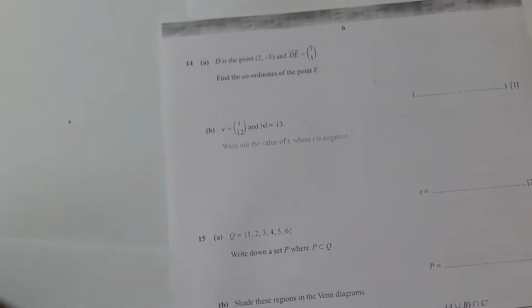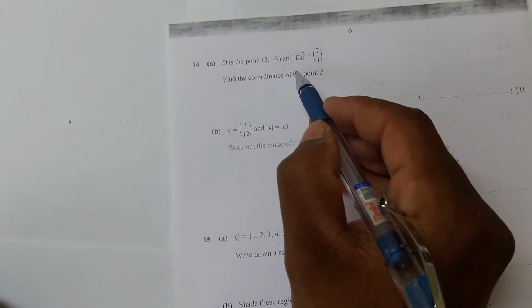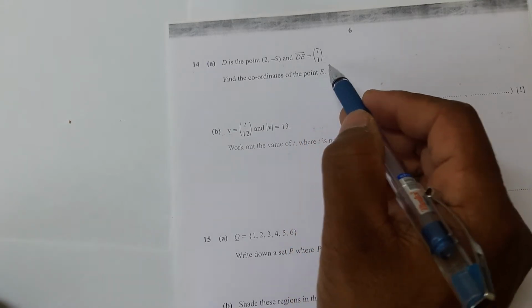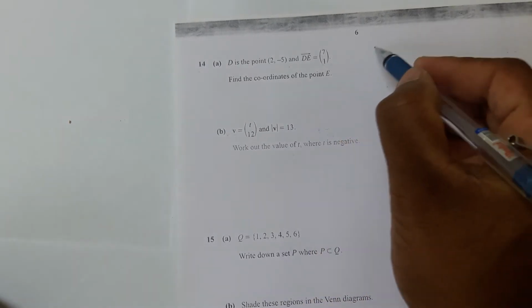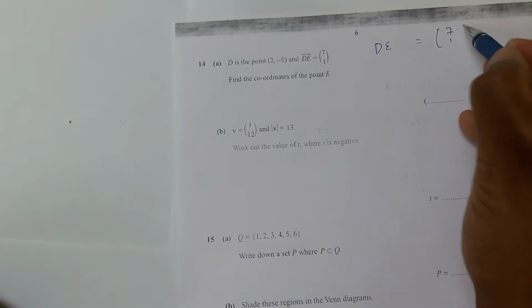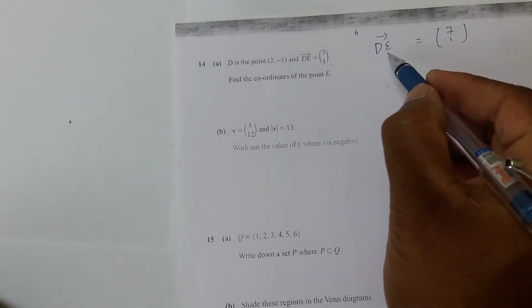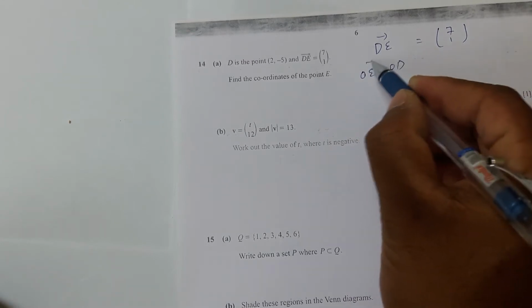Now the next sum. D is the point 2, minus 5 and DE equal to 7 comma 1. Find out the coordinates of E. DE can be written as OE minus OD.